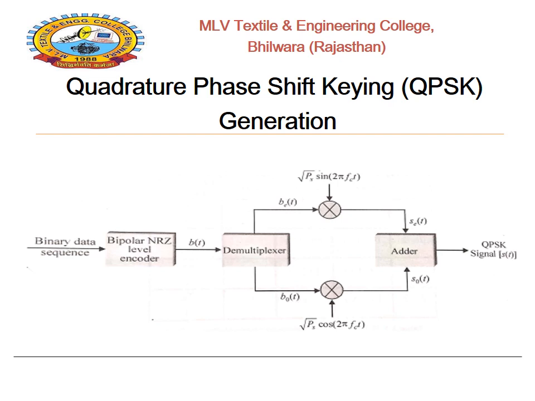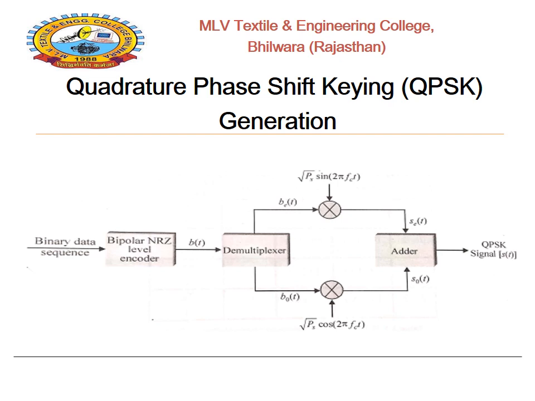b_e(t) represents the even part of b(t), and b_o(t) represents the odd part of b(t). So basically the demultiplexer provides two forms of b(t). The first is the even sequence or even part, and the other is the odd sequence or odd part.